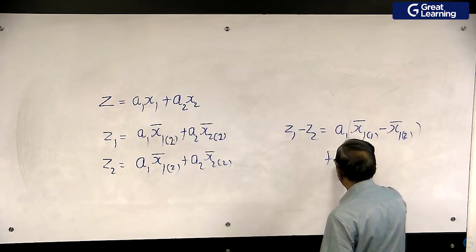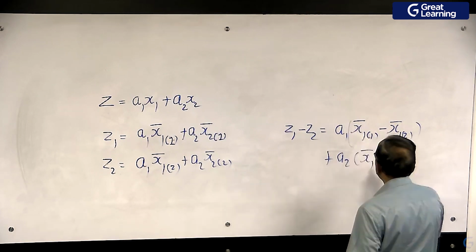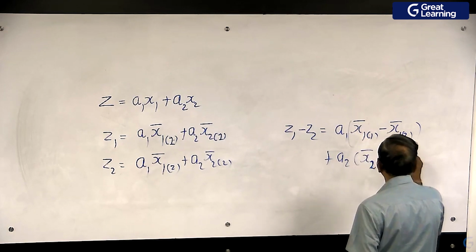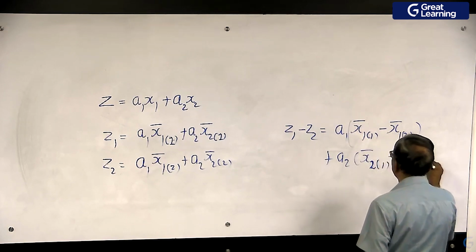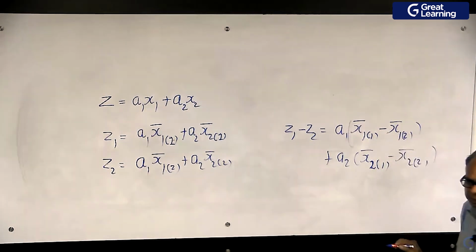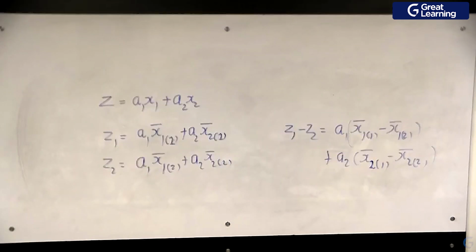Plus A2 times x2 bar, correct? x2 bar group 1 minus x2 bar group 2. This is what will happen when I open the bracket and subtract it.